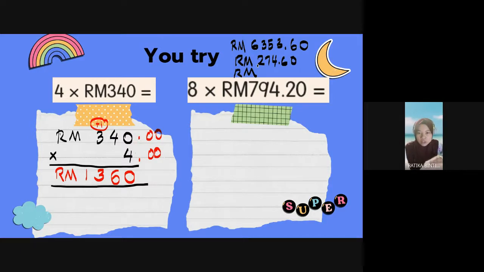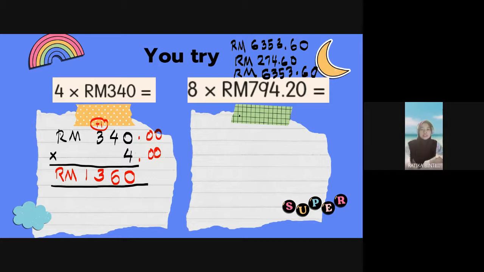Wait, teacher will check first. Dayan Rania, answer is RM6,353.60. Oh, this was Delisha's answer earlier, RM274.60. Putri also got the same answer like this. 6,353.60. Okay, Alia Rania's answer is the same too.